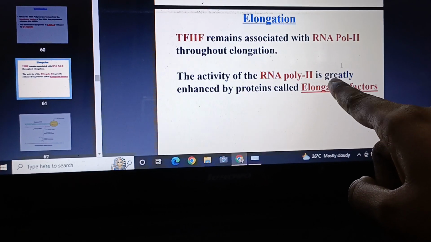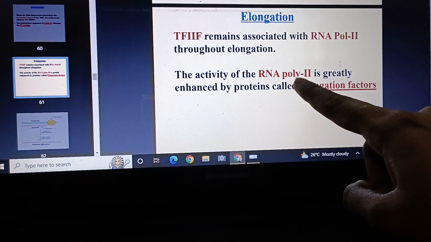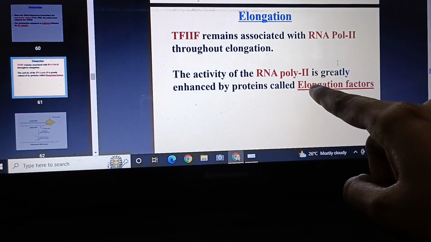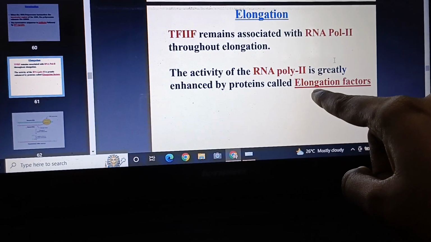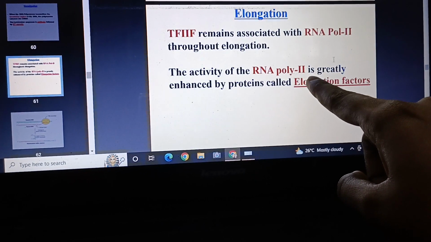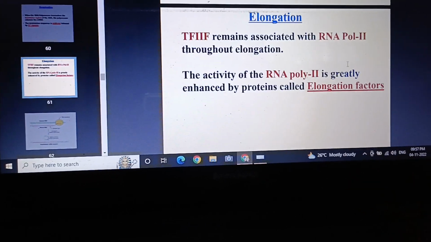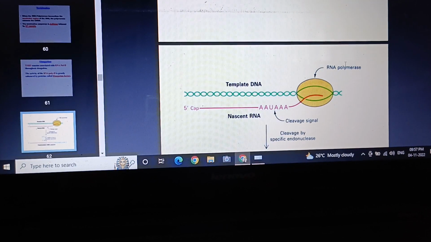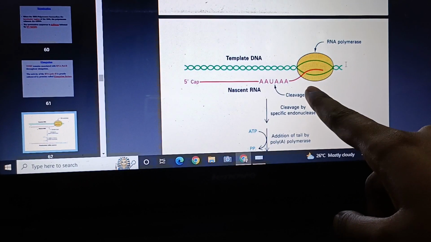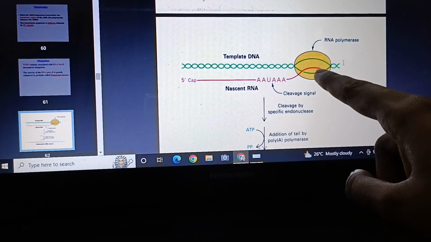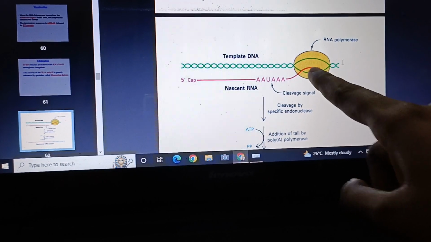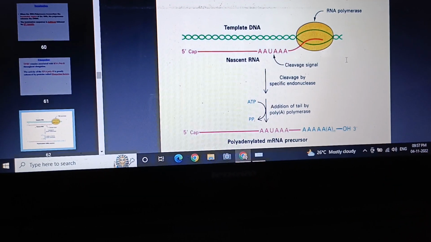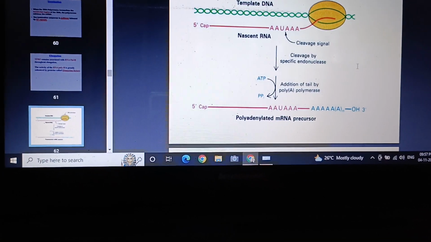Along with the transcription factors, RNA polymerase 2 will synthesize the RNA, and for elongation it will also bind with the help of elongation factors, and only then does elongation take place. And this is the template DNA.